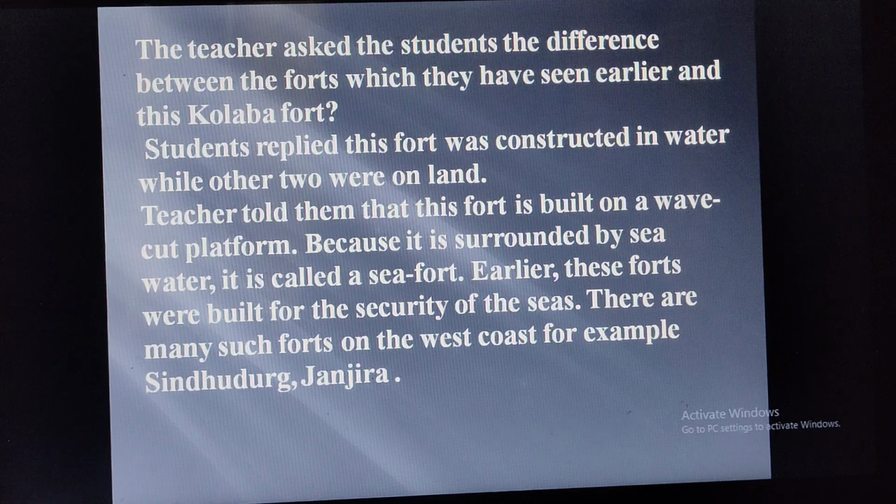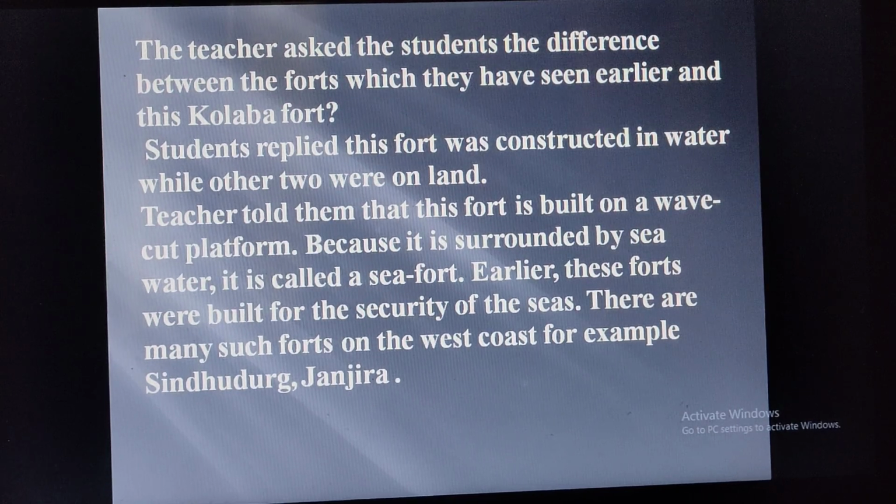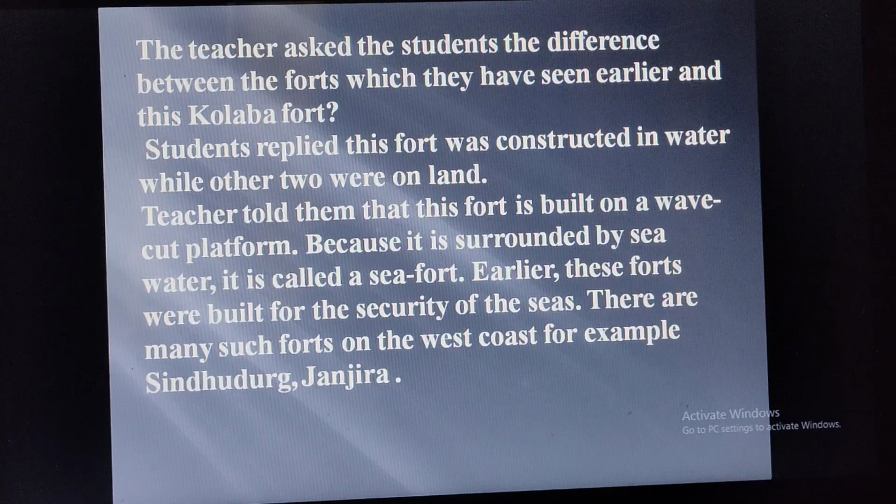At that moment the teacher asked the students what is the difference between the forts which they have seen earlier and this Kulaba fort. The students replied that this fort was constructed in water. This Kulaba fort is constructed in water while the other two were on land.